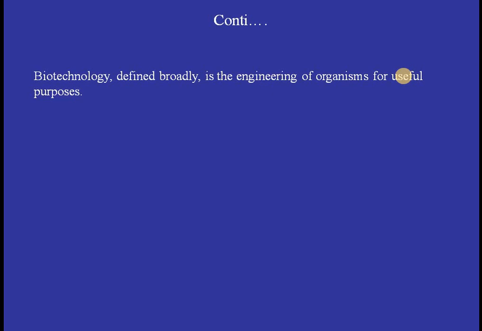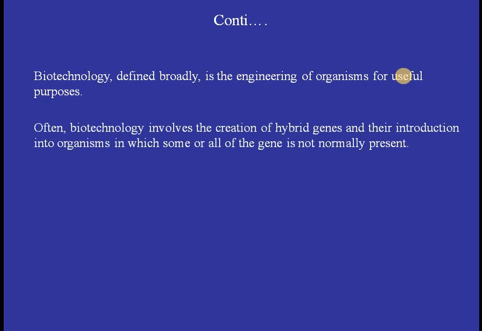Biotechnology is broadly defined as the engineering of organisms useful for our purpose. We humans are very selfish. We do everything for our own good. We do genetic engineering, fermentation and farming only for our purposes.